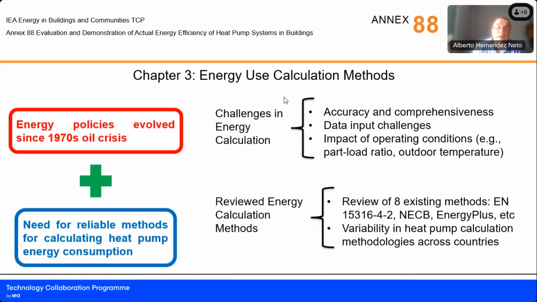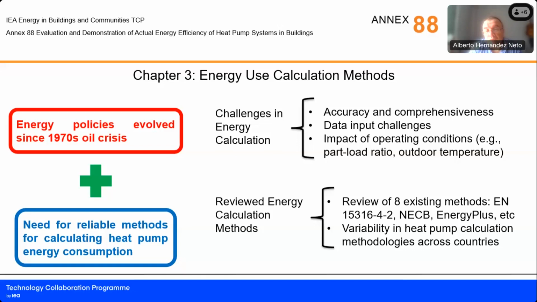Chapter 3 is the energy use calculation method. As we had the oil crisis in 1970, energy policies evolved from that, trying to find more reliable methods for calculating heat pump energy consumption. We have a lot of challenges on that. The first is the accuracy and comprehensiveness of the energy calculation methods.